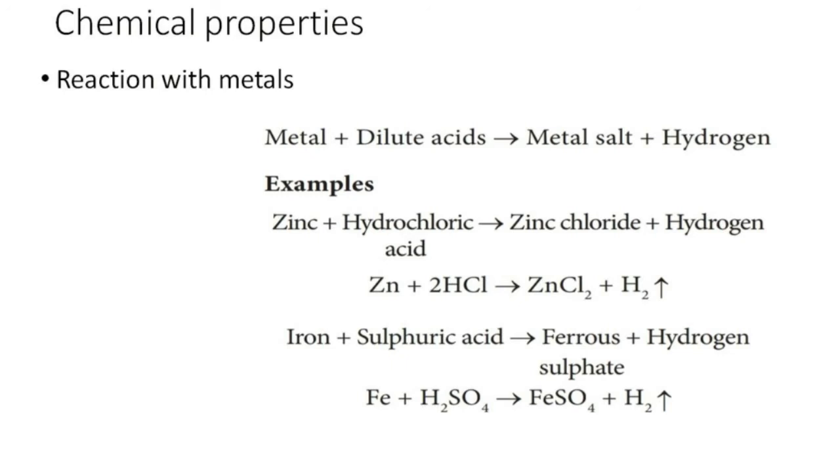Example: zinc with hydrochloric acid forms zinc chloride and hydrogen gas. So zinc plus HCl gives zinc chloride, that is ZnCl2, with hydrogen gas H2. Then iron with sulfuric acid forms ferrous sulfate and hydrogen gas. Fe plus H2SO4 gives FeSO4, that is ferrous sulfate, and hydrogen gas H2.